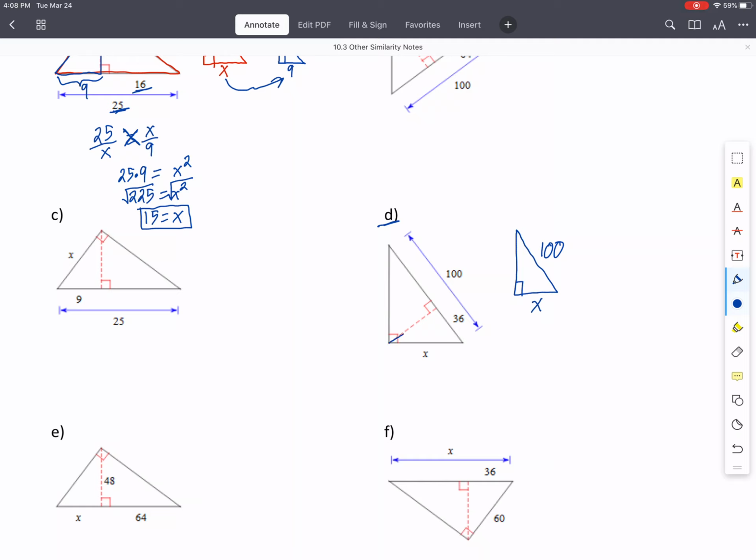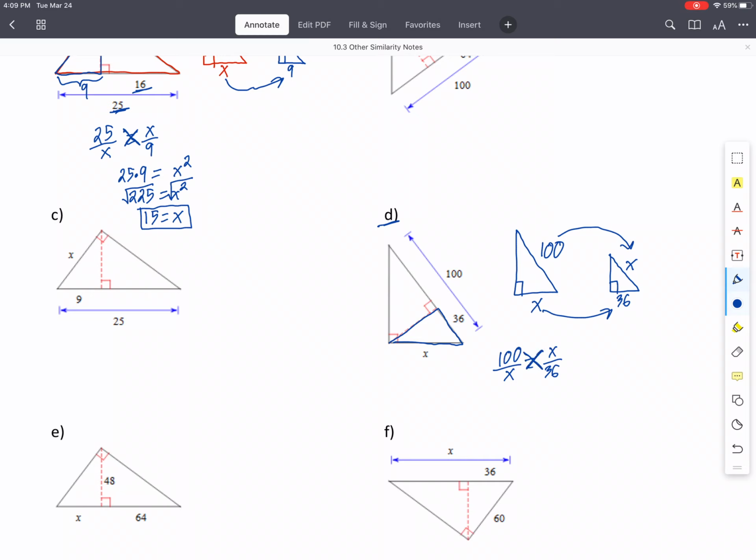And if we come in here, we have this little guy. Well, now x is our hypotenuse, or the biggest side, and 36 is our smallest. So then we could set this up: 100 divided by x is equal to x divided by 36.